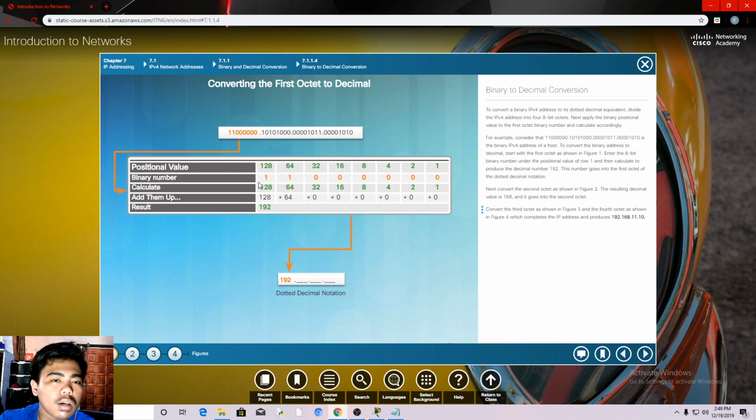All that are 1 in the upper part should be added in order to find the result. So for example, I have 128 and 64, both signified with 1, so let's add 128 and 64.